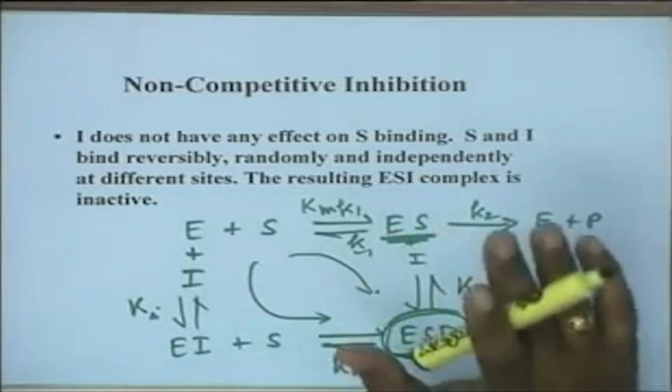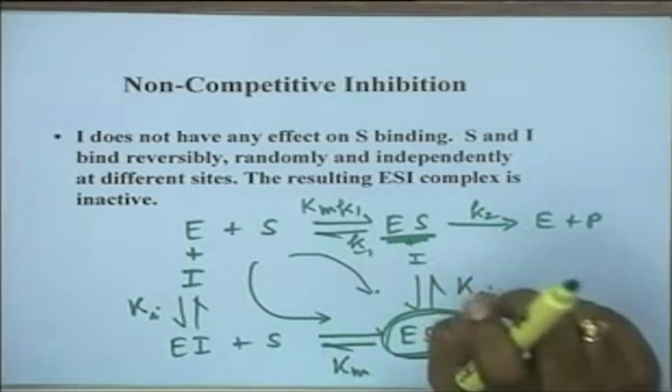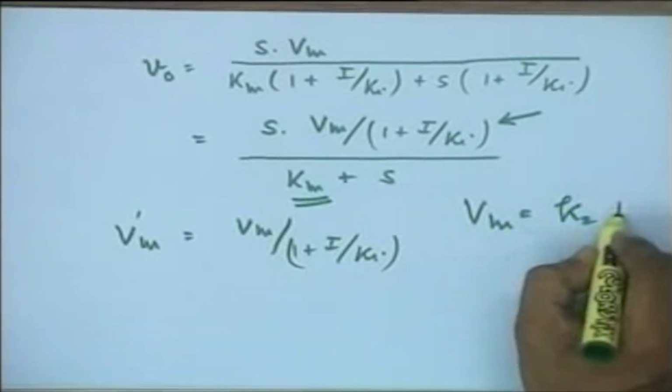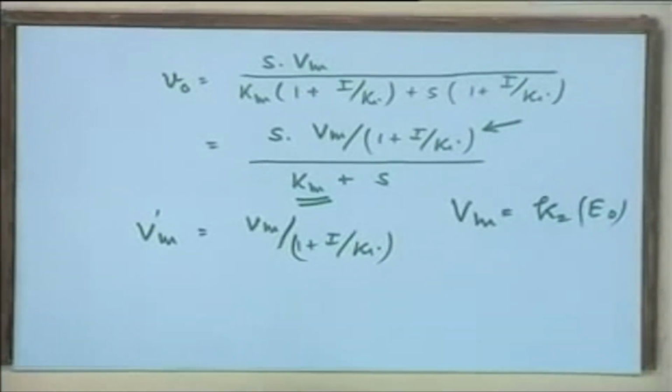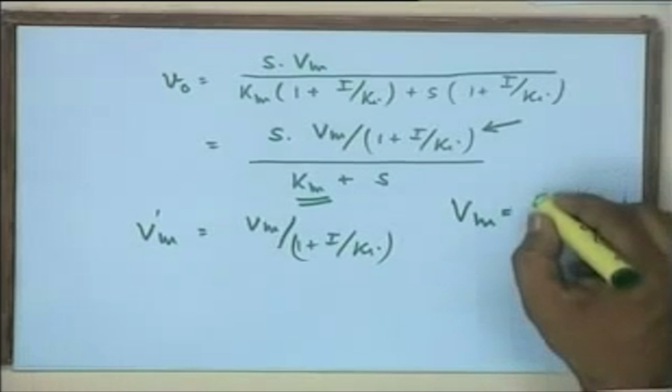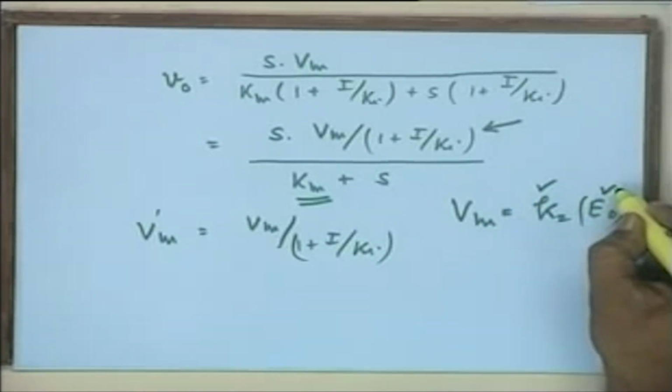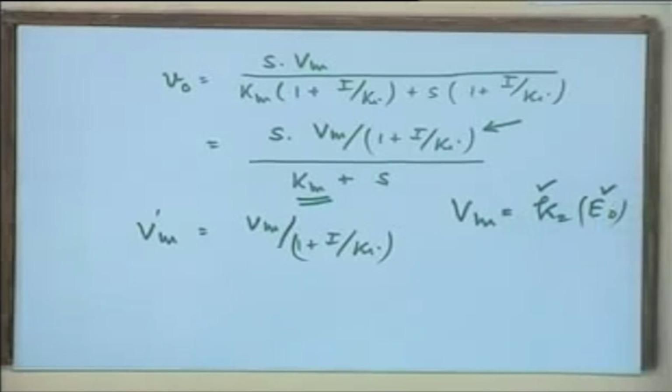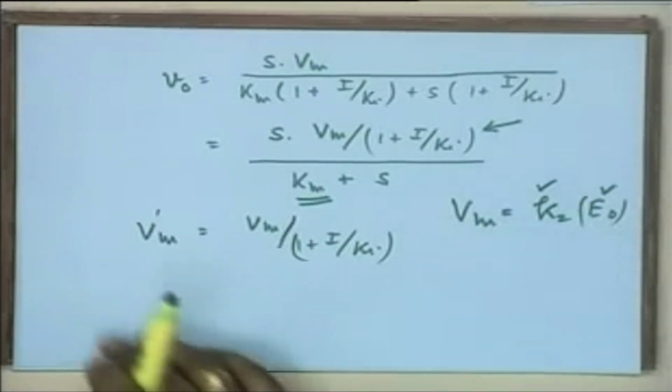But mind it, it does not influence the k2 value, the turnover number, because as we know, Vm essentially is k2 into E naught. Here E naught corresponds, in the presence of a non-competitive inhibitor, to that fraction of the total enzyme which is in the form of ES. The ESI complex is functionally inactive, and therefore the k2 is not altered; it is the E0 which is modified or reduced by a factor of 1 plus I over Ki.